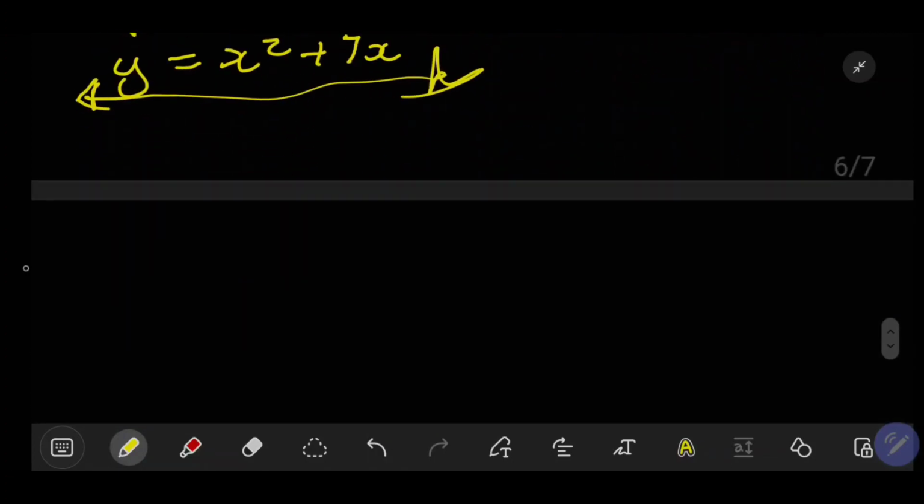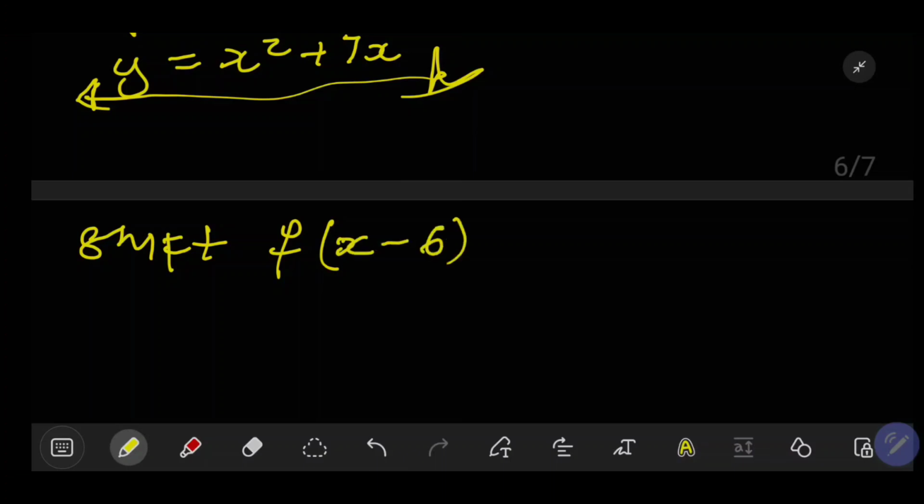Then if they say shift the very same graph, the original graph, shift f of x 6 units to the right, it becomes like this. We replace x with x minus 6. This is when we shift to the right.